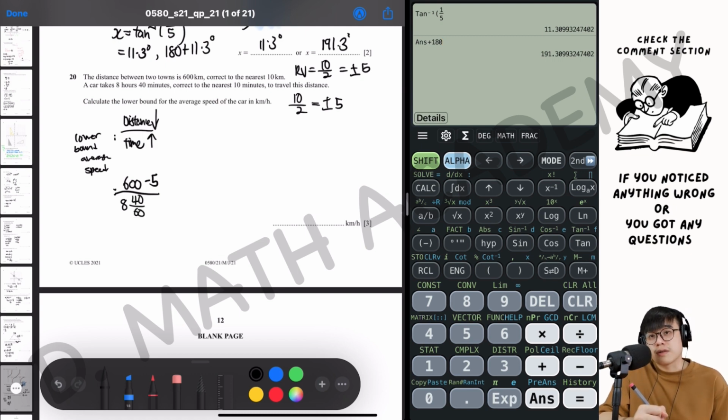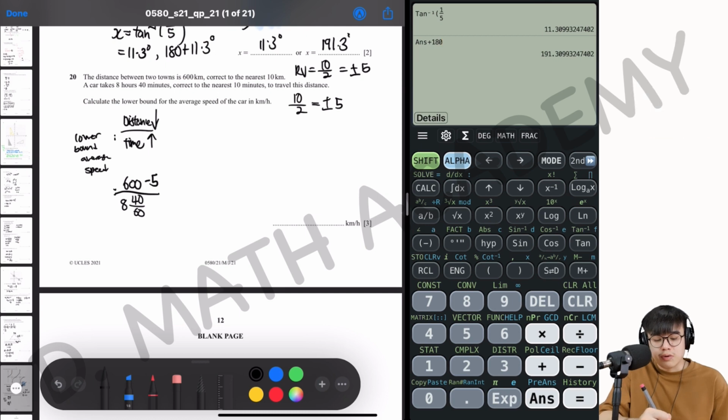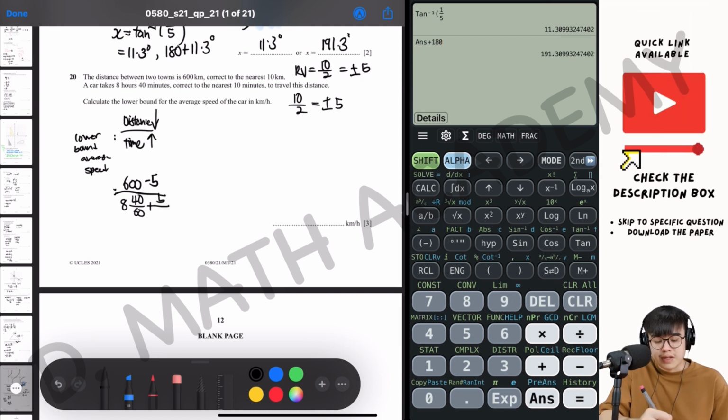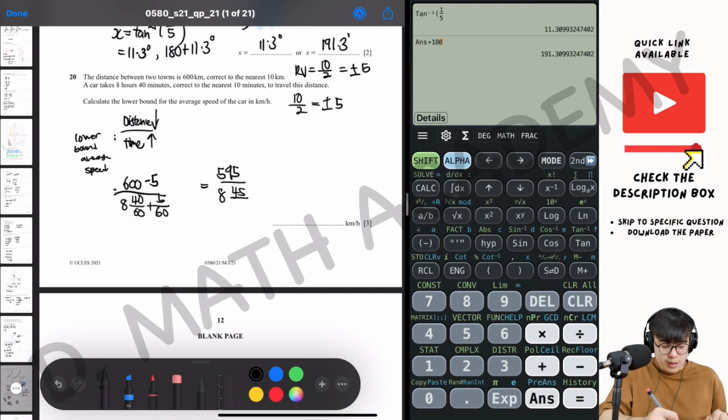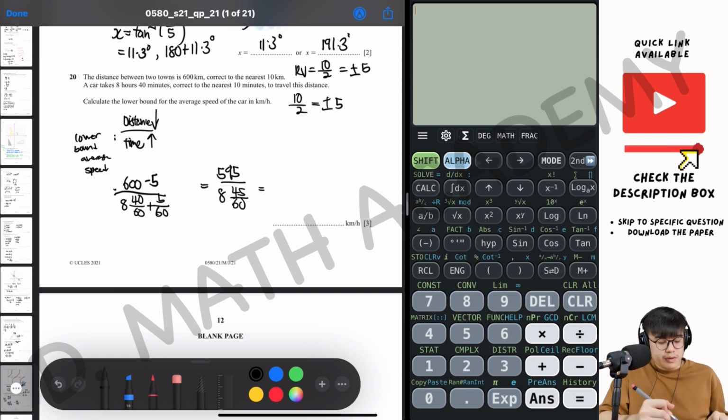Make sure you write it as a mixed number so that you don't mess it up, and then add 5 minutes into it. Then you should be able to get your answer. Run your calculation. Your final answer of this will actually be 68.